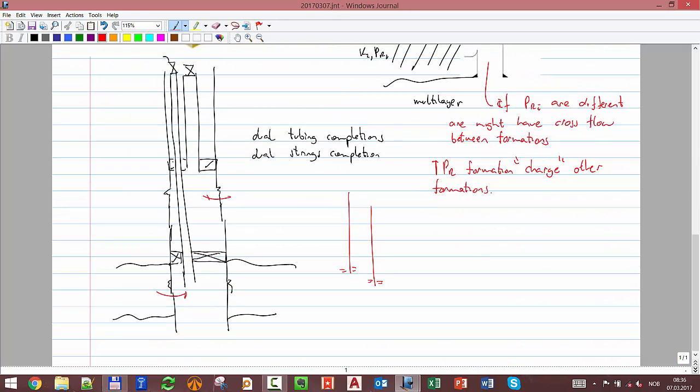And in relation to that, there are some things that we can do to control.